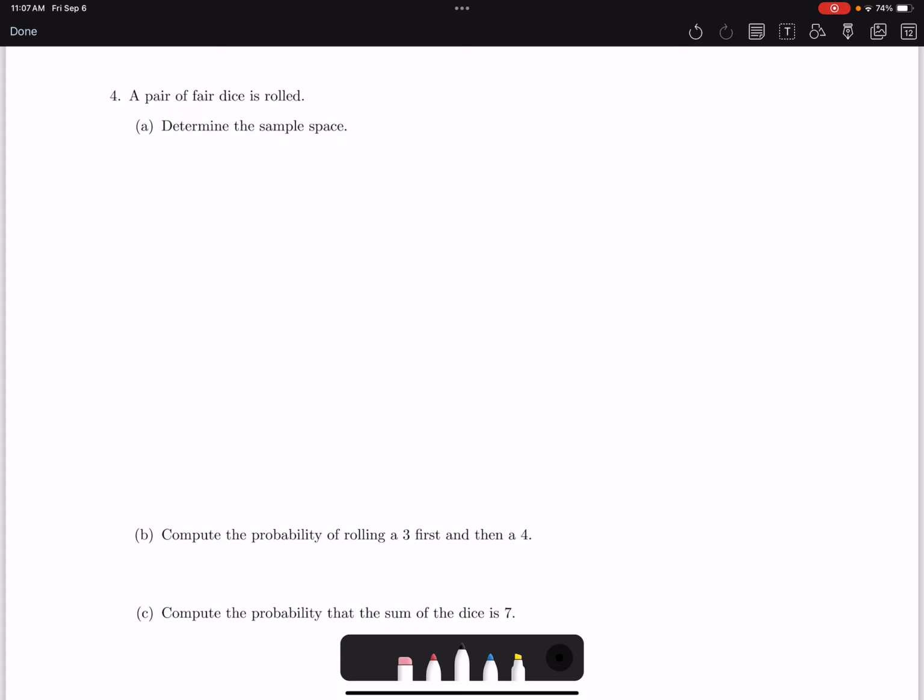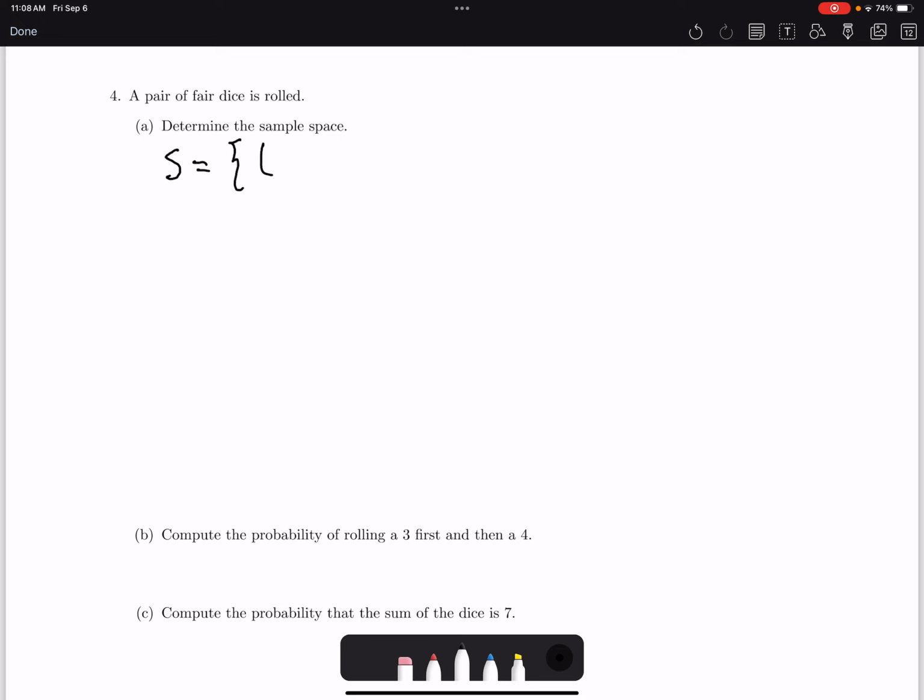So if you roll a pair of fair dice, let's write out our sample space. We'll say S equals, and I'm going to list each outcome as an ordered pair, where the first coordinate is what you rolled on the first die, and the second coordinate is what you rolled on the second die.